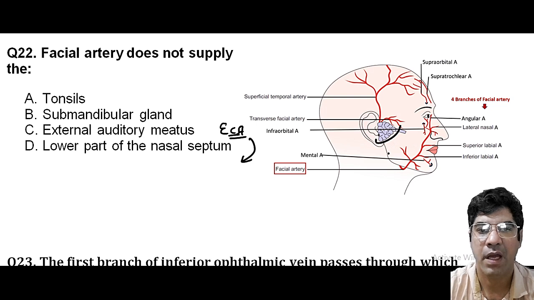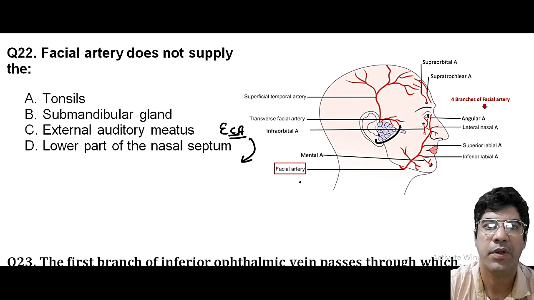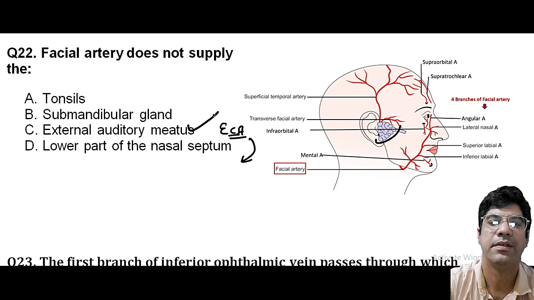The lower part of the nasal septum, the facial artery does supply through branches like the superior labial artery. The submandibular gland, the facial artery supplies it, like the submental artery provides blood supply to the gland. The facial artery also supplies the tonsils. So your answer is C.